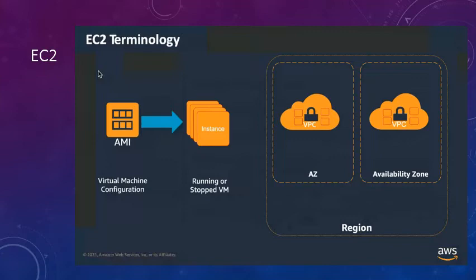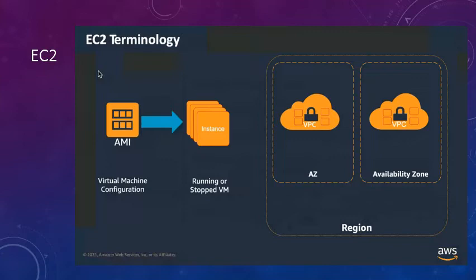Within an availability zone within AWS, you have VPCs, which are virtual private clouds. These are basically your own private network, where you can put your own web servers, your EC2 instances, or your VMs, your virtual machines, same thing. So your VPC, virtual private cloud, is where you're going to put basically all of your web servers in the cloud, and it's a network.